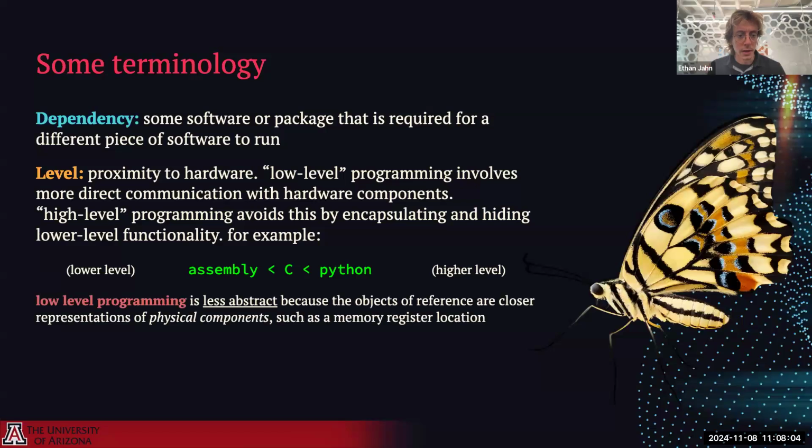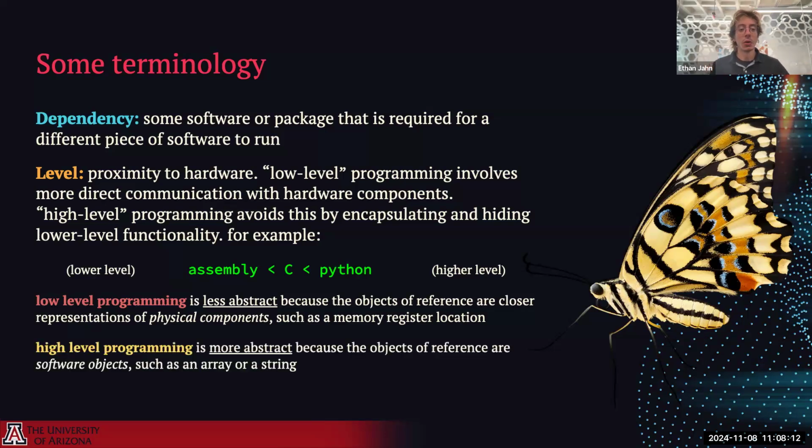Just to continue on that, low-level programming is less abstract because the objects of reference are closer representations of physical components, whereas in high-level programming, it's more abstract because the objects of reference are software objects, such as an array or a string. If you're programming and the only things that you're operating on are arrays, strings, and objects like this, then those are abstractions.